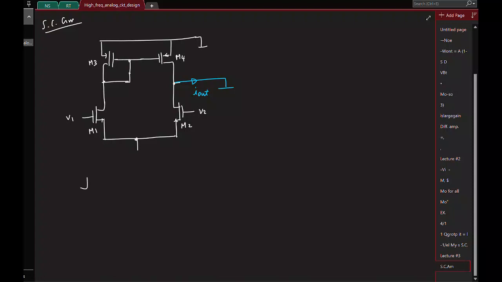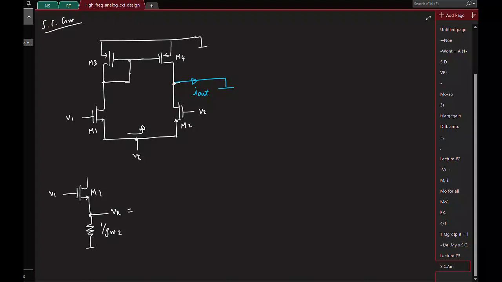So if you try to find the contribution from V1, this is the circuit we have, and at the source of M1 we seem to have an impedance, and that's 1 over Gm of the transistor M2 because its drain is shorted. So here we have a resistance 1 over Gm2. We call this node Vx, and we derived what this voltage was.